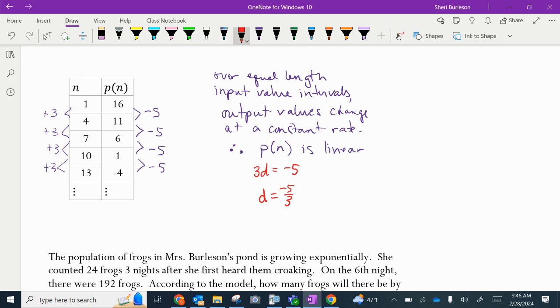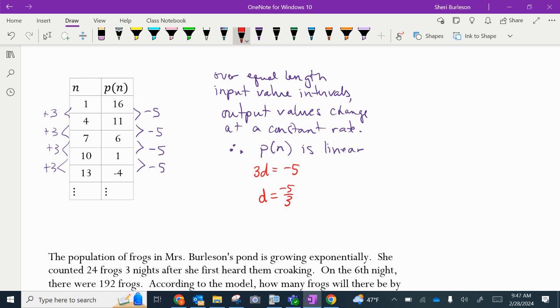So you could look from input value to input value and see what is the change between these two, that rate of change, and then do the same thing over this interval that has a different width. But if I have the same rate of change, then it doesn't matter whether they were equal or not. I can look at my rate of change over that interval and see what I get. So I could do it that way.